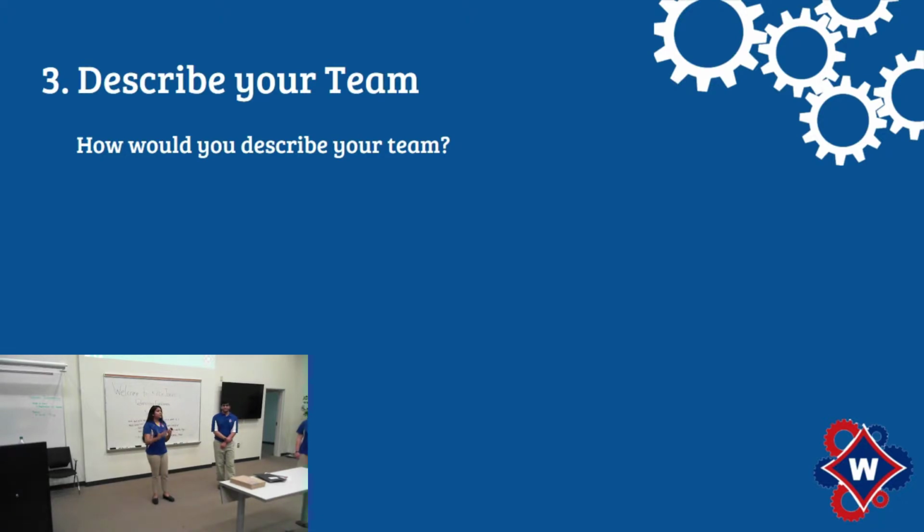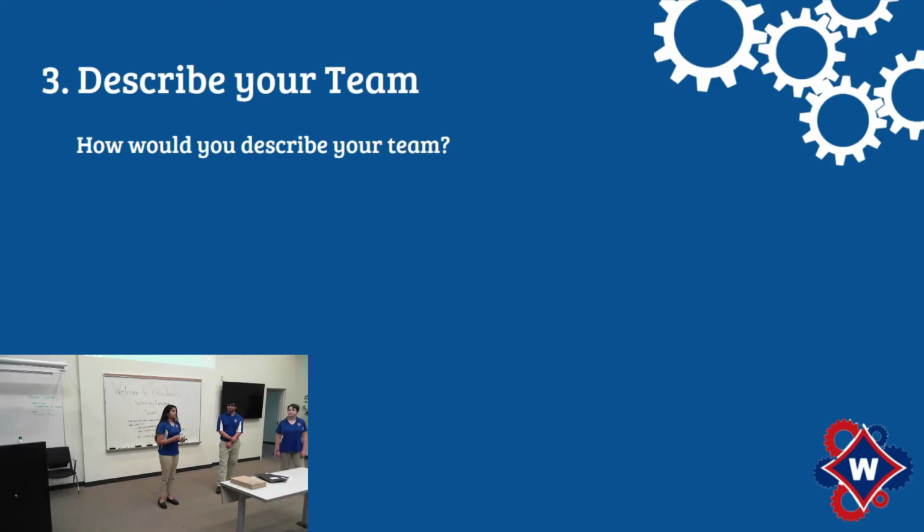So you want to go ahead and lay out your topics in order and see if you can find a flow between them. Don't just skip around from outreach to engineering and back to outreach. You want to create a flow that's easy for the judges or anyone else to follow. And then you want to check to see if you have any common threads.